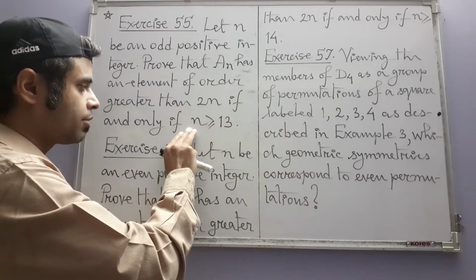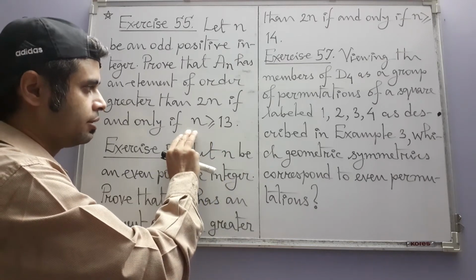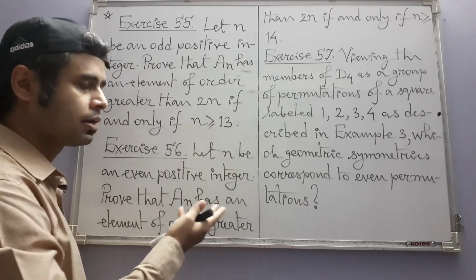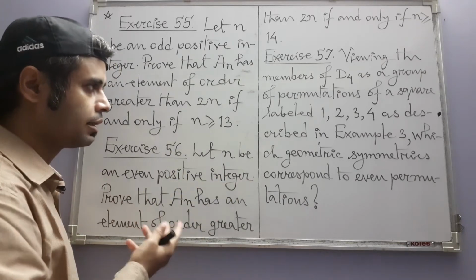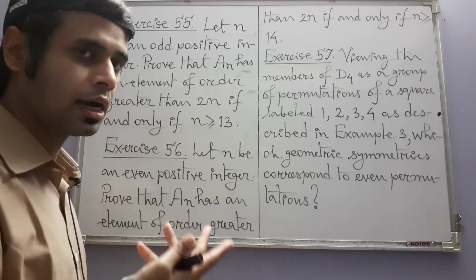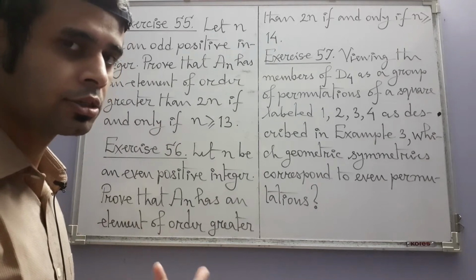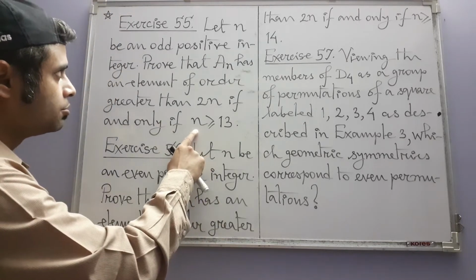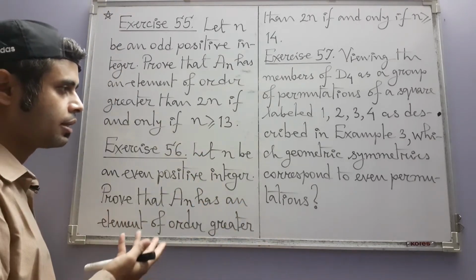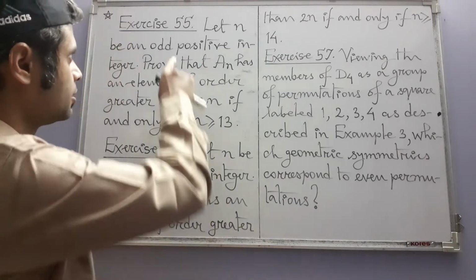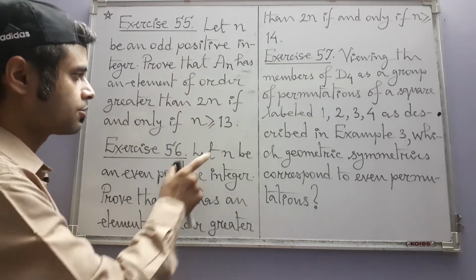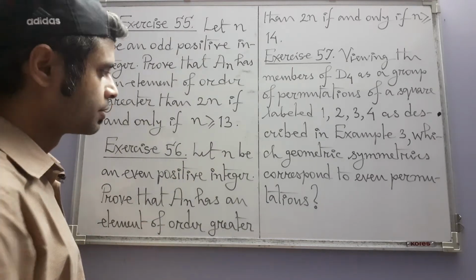And if you find it difficult to see how such an element can be produced, or how its cycle structure should be, you can always look at the answer available at the end of the text, because this is an odd numbered exercise, so the answer is already there.